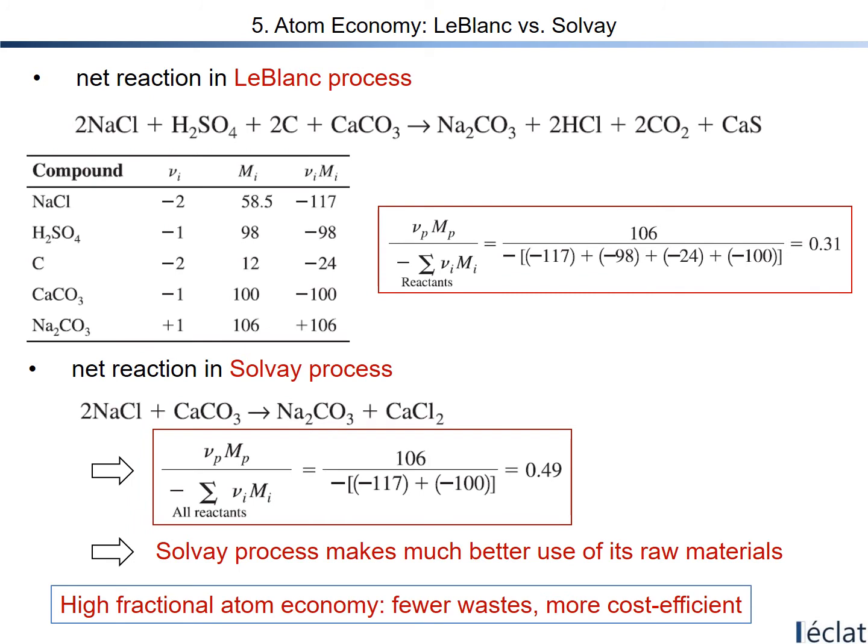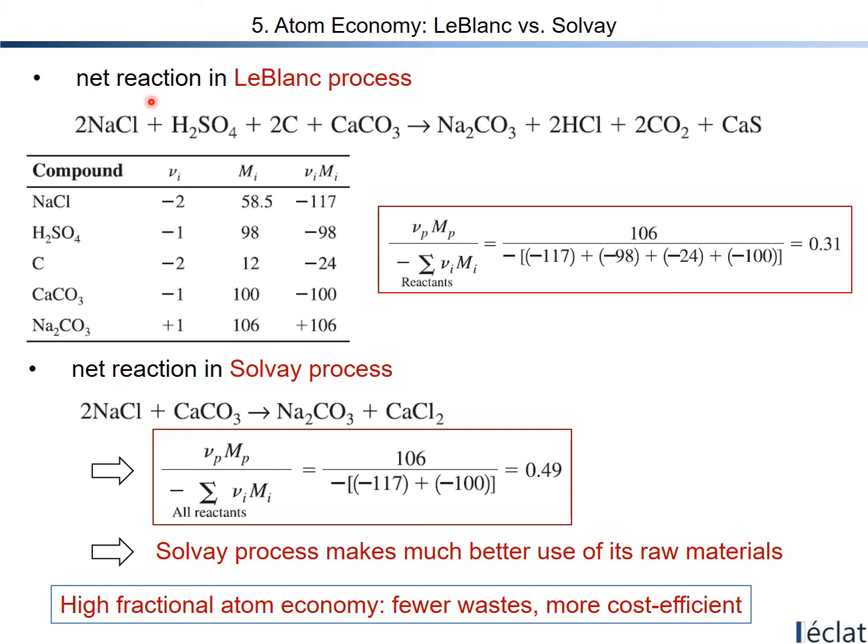Okay, let me try to understand the concept of atom economy by using examples. I'd like to use the Leblanc process and also the Solvay process previously used in the generation consumption analysis. At that time, we calculated the RP and BP ratio in moles.